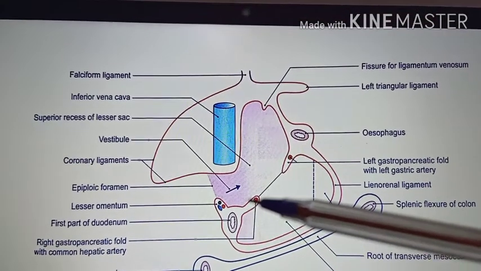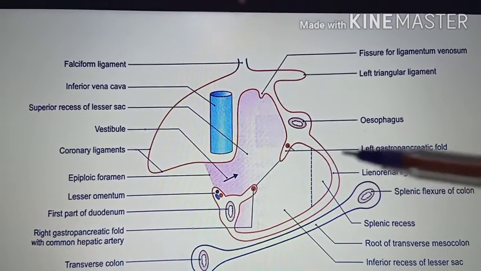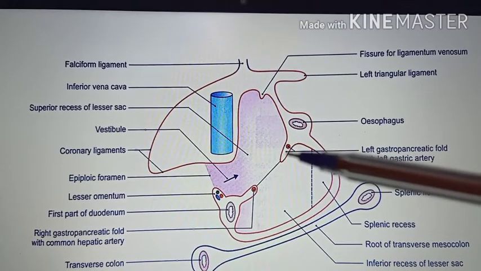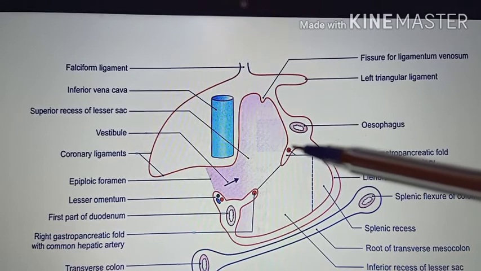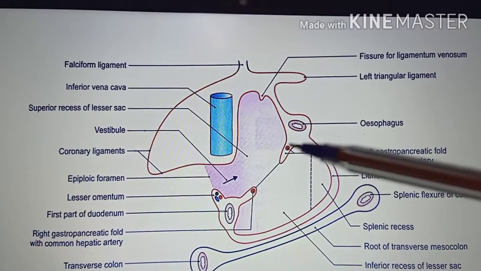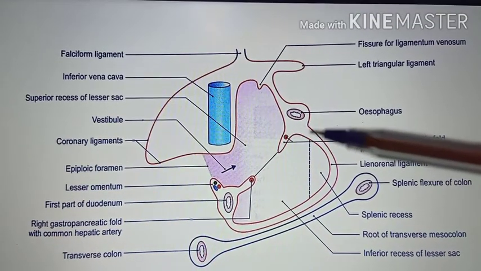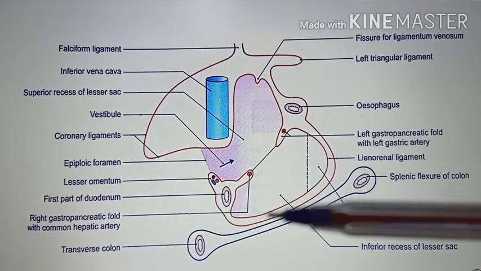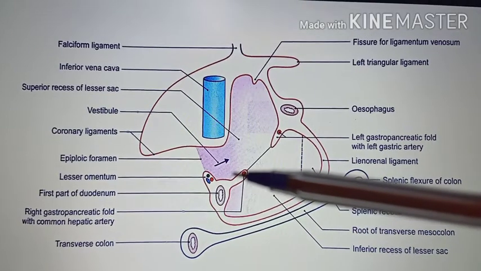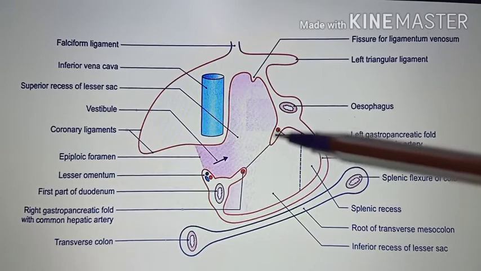So this fold what you're seeing is the right gastropancreatic fold. Similarly, what you can see here is the upward course of the left gastric artery. It raises a similar fold and it is known as the left gastropancreatic fold. So two folds you saw: one was the right gastropancreatic fold, another is the left gastropancreatic fold.